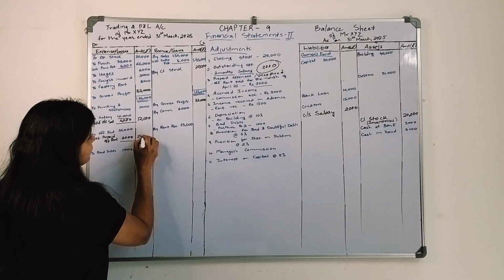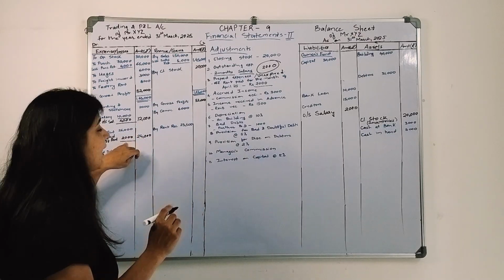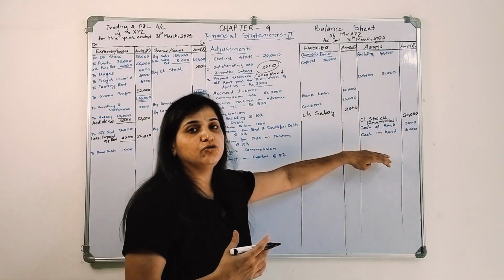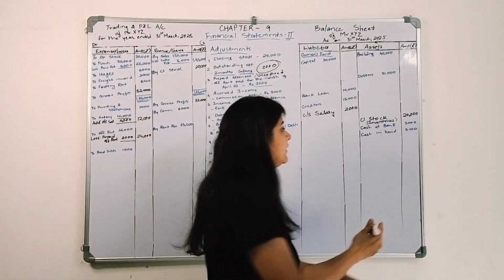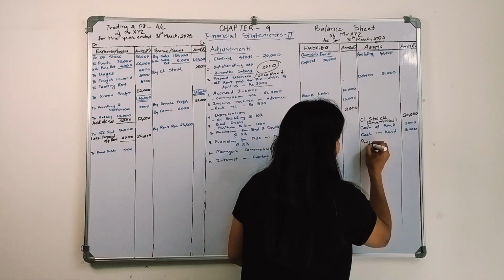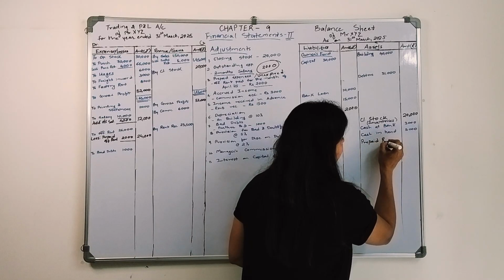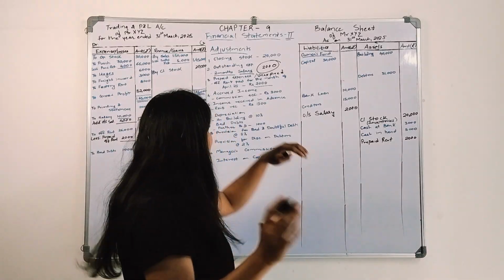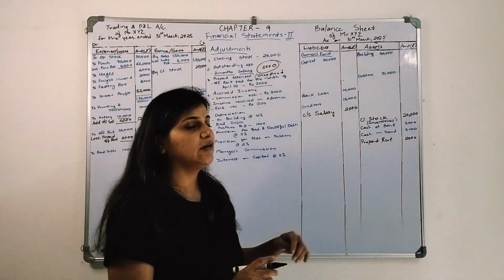So current year expenses are 24,000. This prepaid rent we are going to show on the asset side, prepaid rent 2,000. Correct.